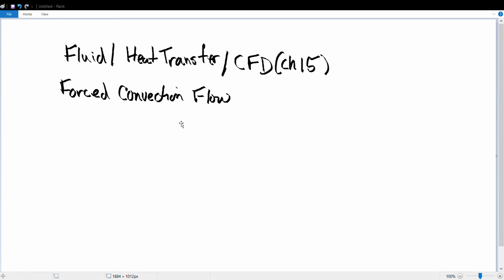Now, a few weeks ago, or maybe a month ago, we went over the Navier-Stokes equations. Those are the governing equations that give us all our velocity and pressure numbers for flow going over surfaces. From there, we can refine it enough to put that together with a heat transfer solver, and then have the CFD analysis solve the problem for us without doing any calculations.